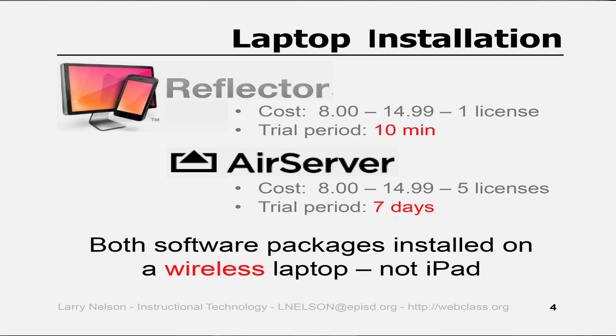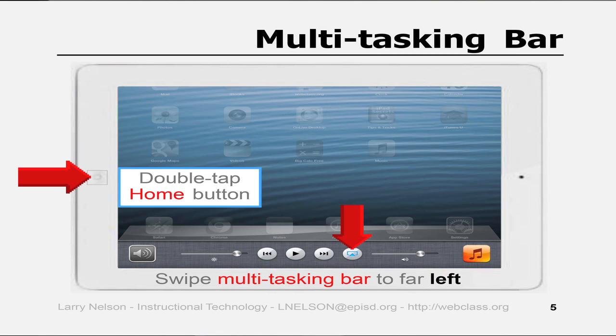Basically on the iPad, to get the system working, you go to your home key and tap twice. And when you tap twice, and I have a lot of apps open, we have the multitasking bar at the bottom. Now, when I swipe or scroll from left to right, what I'm looking for is the AirPlay symbol.